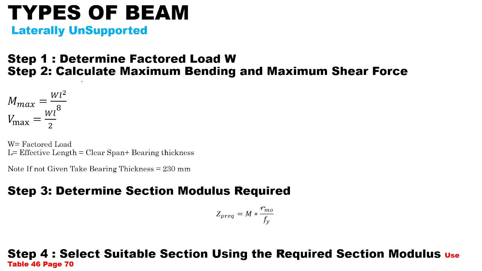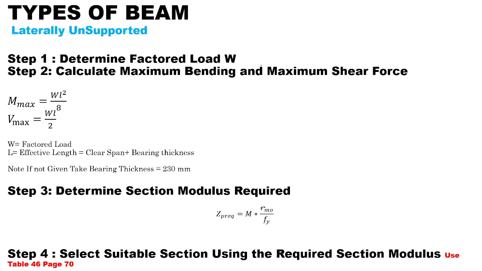Hello everyone. In this lecture, I am going to discuss how to solve the problems for laterally unsupported beam. For laterally unsupported beam, the first step will be to determine the factored load.